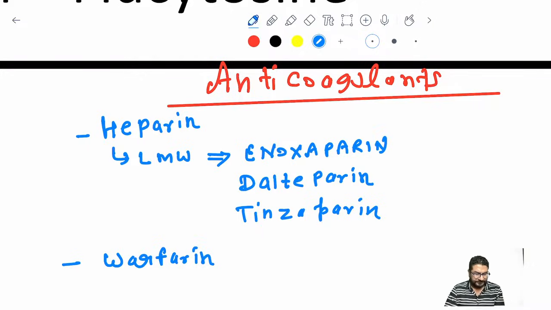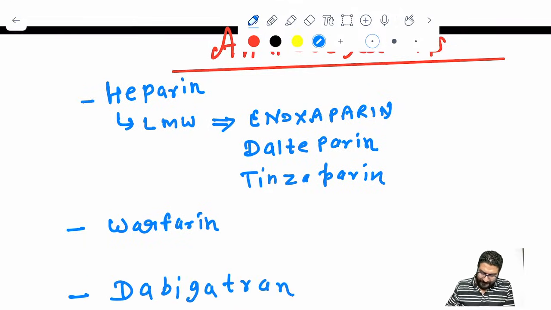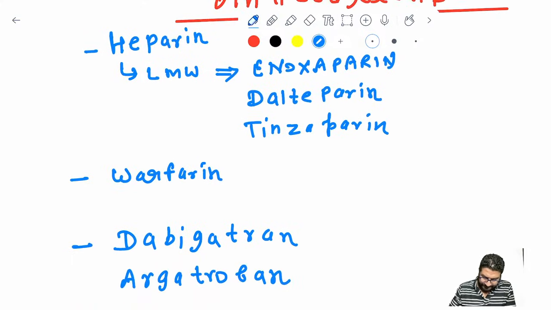What else? We have direct thrombin inhibitors like dabigatran, argatroban, right? Then we have drugs like lepirudin, and another one like bivalirudin.